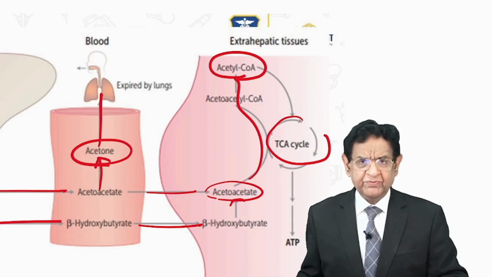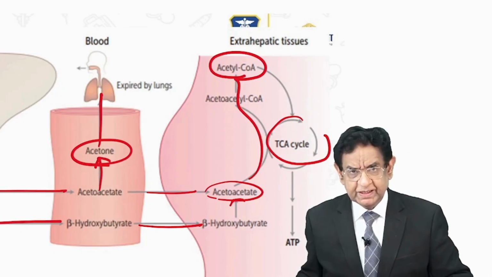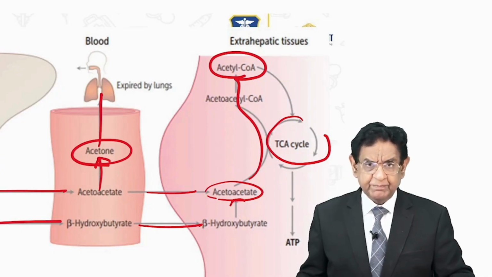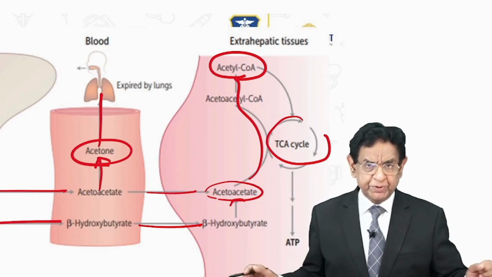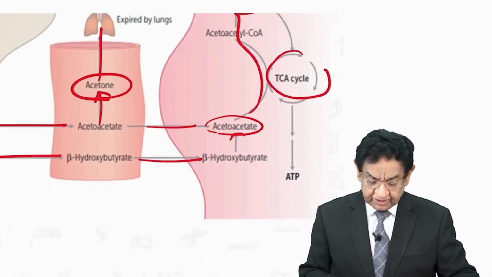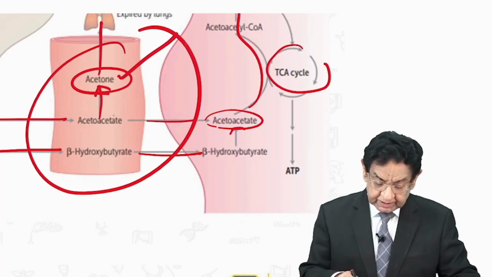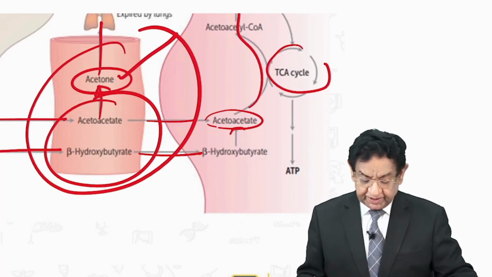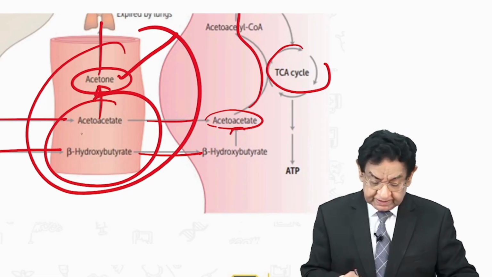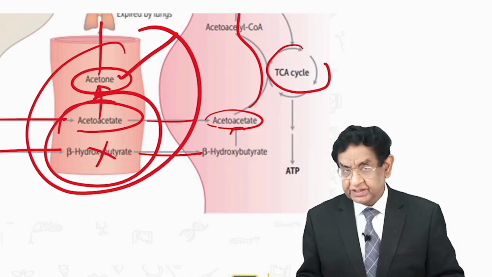So a lot of interconnection is there. You need to spend a little more time on biochemistry, although I made beautiful, clear fundamentals of these three. So this goes out. These two are in the blood, which are filtered in the urine also. We can detect acetoacetate. We cannot detect this in urine testing.